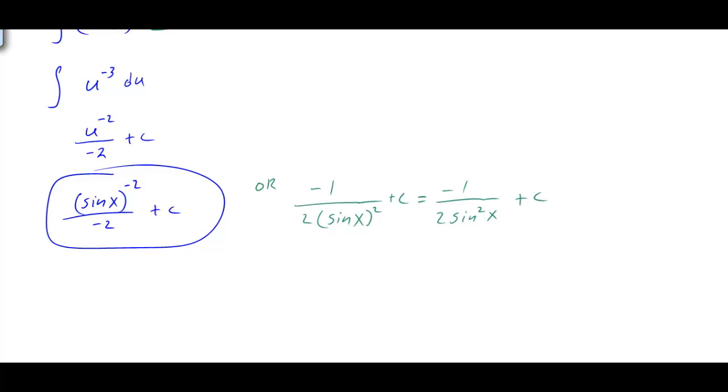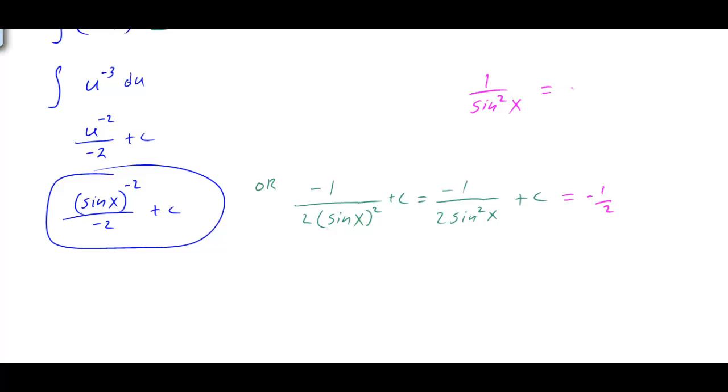Now, another alternate answer that you could possibly see is if you were to write this then as negative 1/2. Now what about 1 over sine squared x? Isn't that equal to what reciprocal?